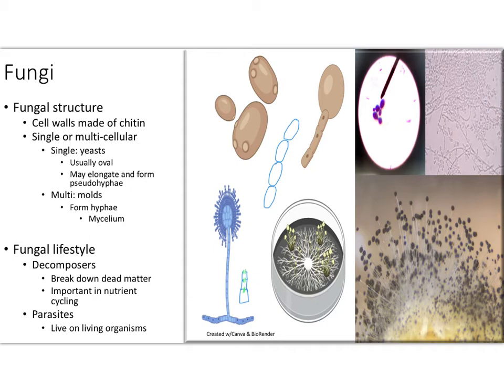So when you have a dead tree or a dead animal or a dead plant or even a dead human potentially, the fungi that are in the environment will use that dead body as a source of nutrition. So they will use different enzymes to break down that dead body. They will take the nutrients that they need to grow, and all of the excess nutrients, the ones that they don't need, will get released back into the environment, either the soil, the water, or the air. And then those nutrients become available for other organisms to use and support their own metabolic needs.